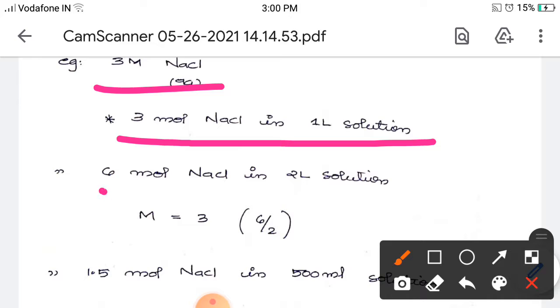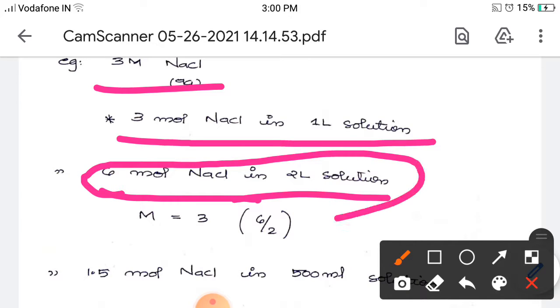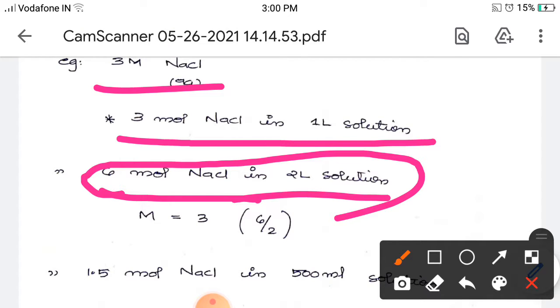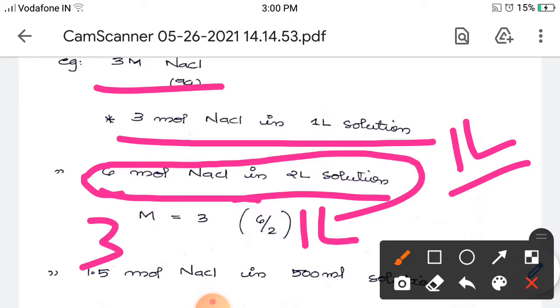And for 6 moles of NaCl in 2 liters of solution, what is the molarity? 6 moles are present in 2 liters. We are only calculating the number of moles of solute in 1 liter of solution. For 6 moles in 2 liters, for 1 liter it is 3. So 3 is the molarity for this statement also.